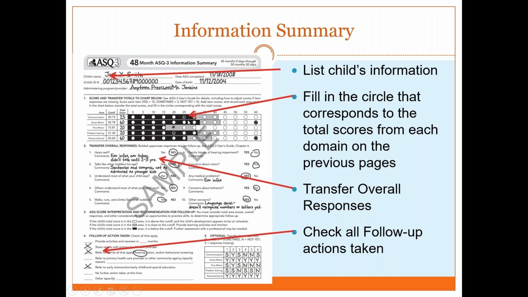They wrote in 60, and then they circled in 60. As you can see on the screen, 25 and 60. And they continue to do that for the rest of the domains. We have a score of 25, 60, 20, 20, and 60. See them shaded into the bar graph that ASQ has provided for us.